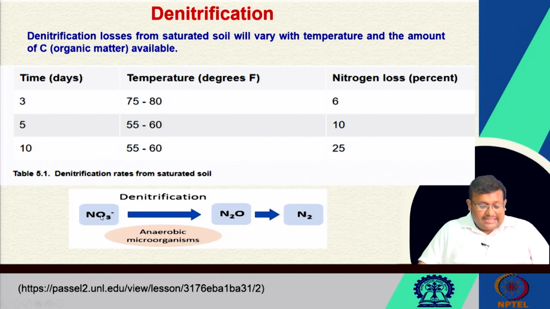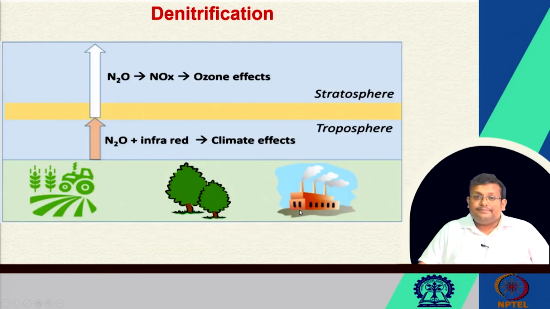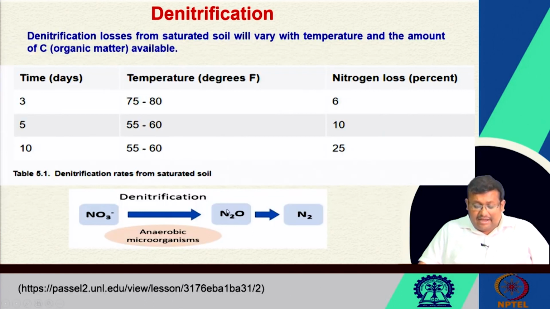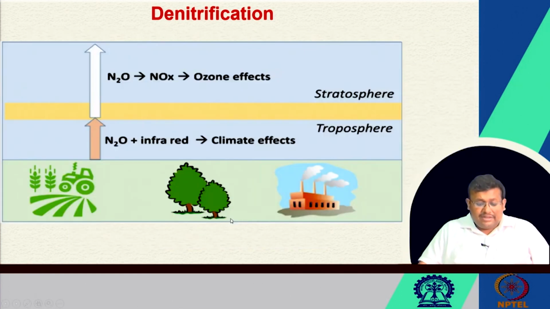So, as I have already told you, this denitrification is basically mediated through anaerobic microorganisms which convert nitrate to nitrous oxide and finally to nitrogen gas. Also, when these different types of gases like nitrous oxide are released back into the atmosphere, they can create hazardous climatic effects in the troposphere and stratosphere.